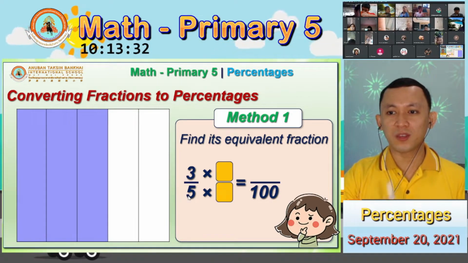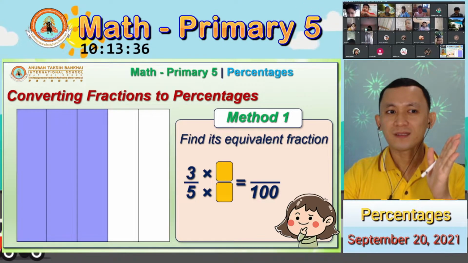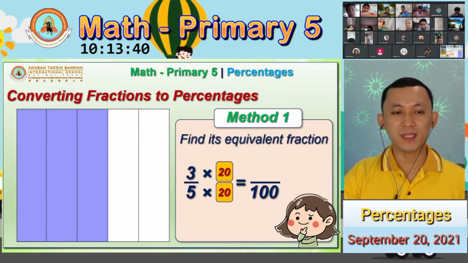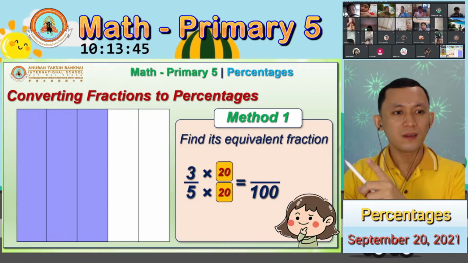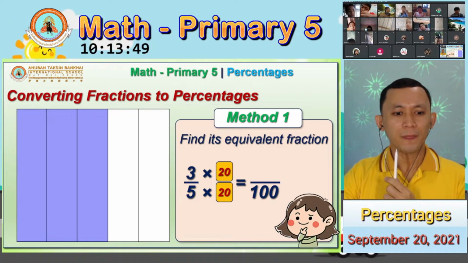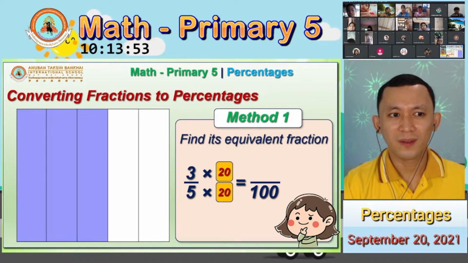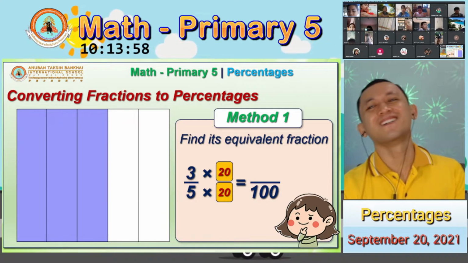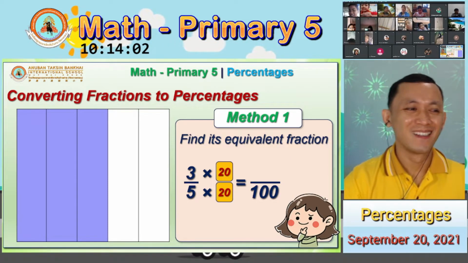So in this example, we are going to multiply it by what? 20. Okay, very good. 5 times 20, we have 100. Now, 3 times 20, what's the answer? 60.